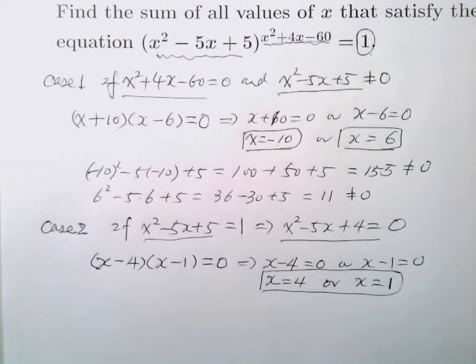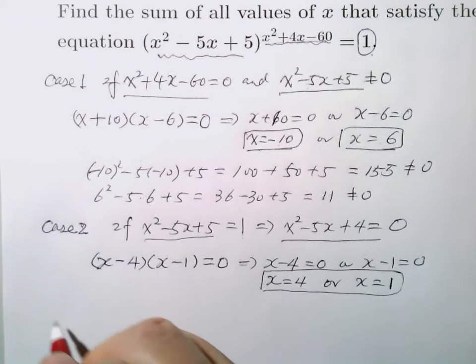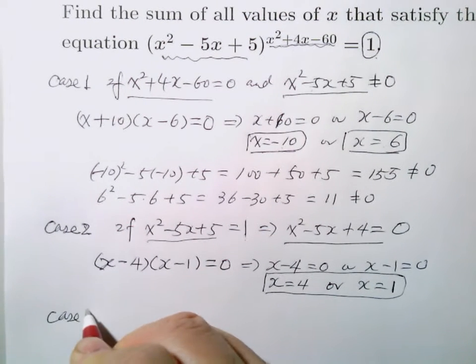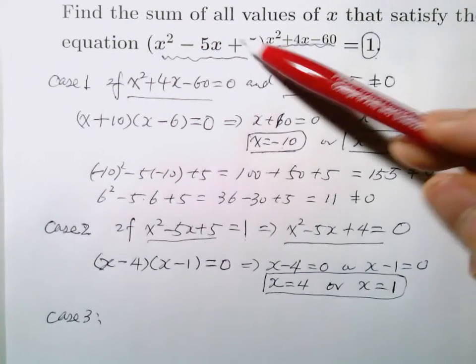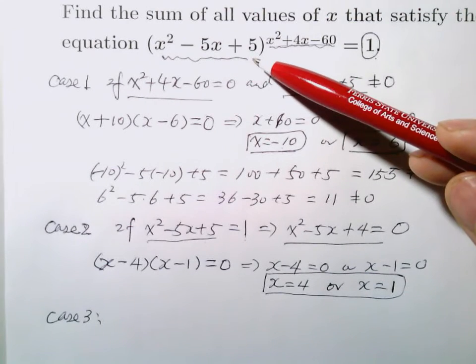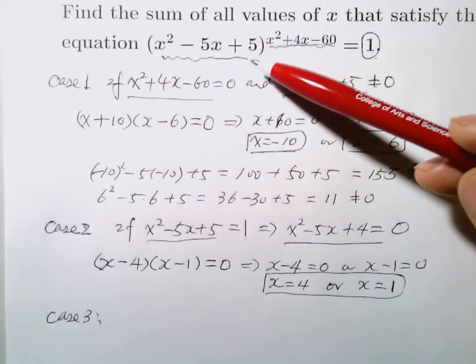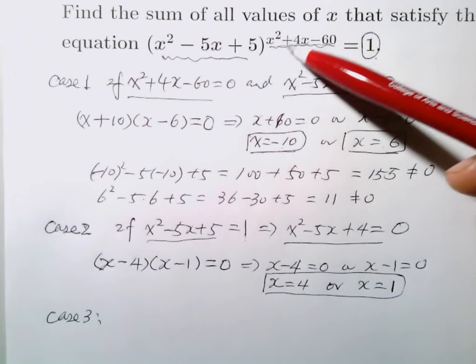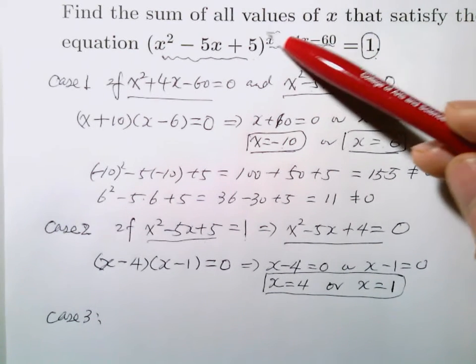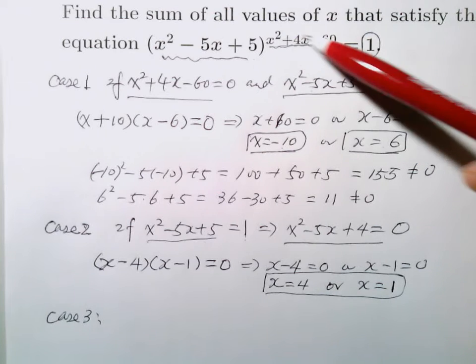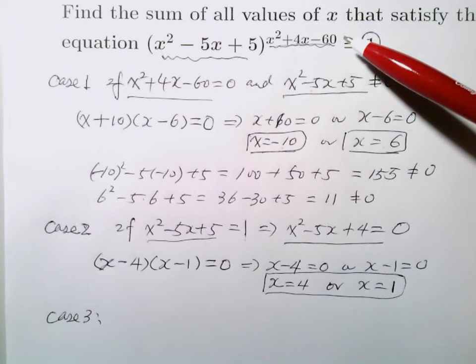The last case is case 3: if x squared minus 5x plus 5 equals negative 1, and the exponent is an even exponent, then that will give us 1.